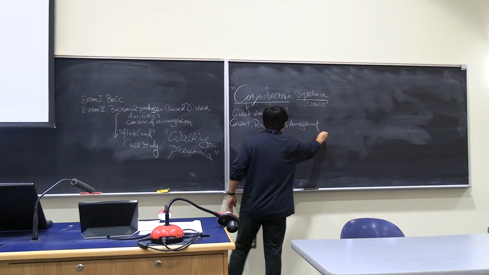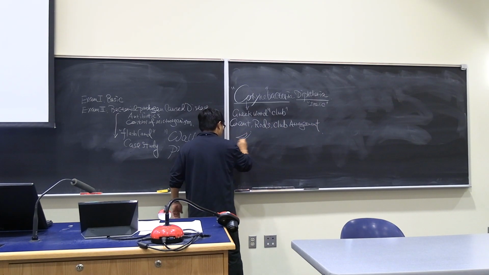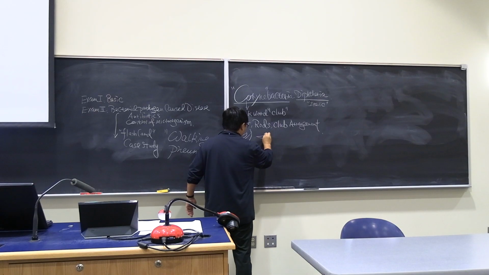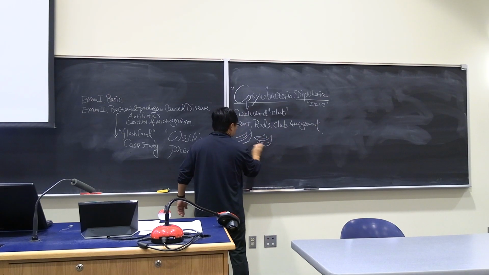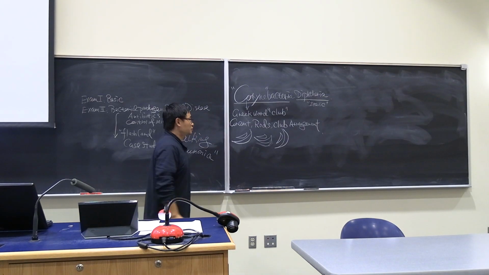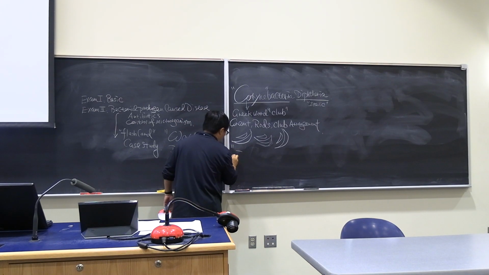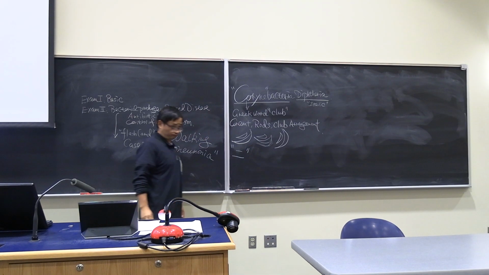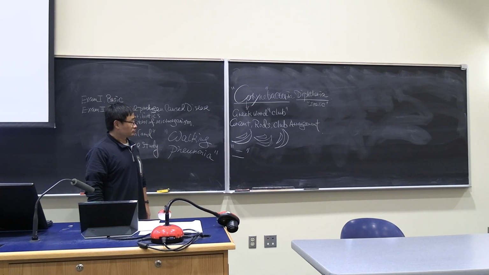What does the club arrangement look like? Could be this, could be like that, could be like this. Sometimes they say it looks like Chinese characters too. That means the club. It looks like people are stacking together.